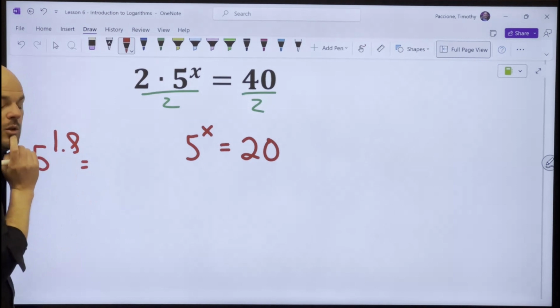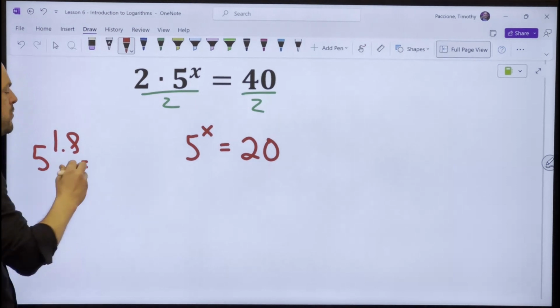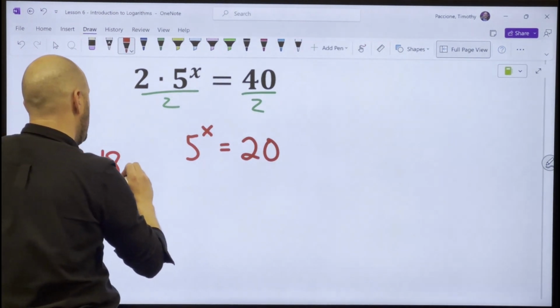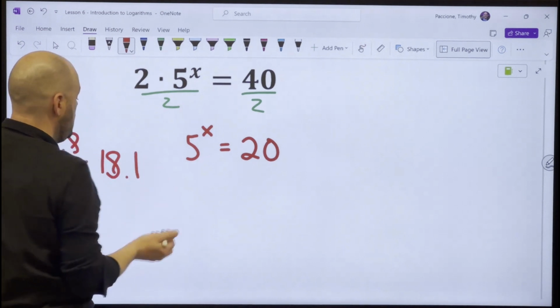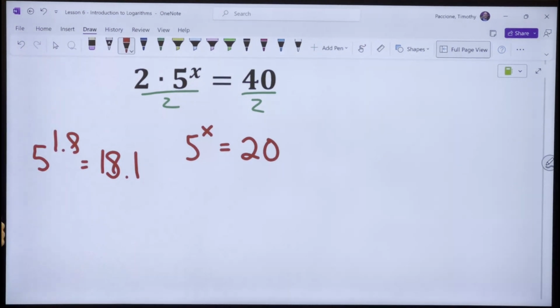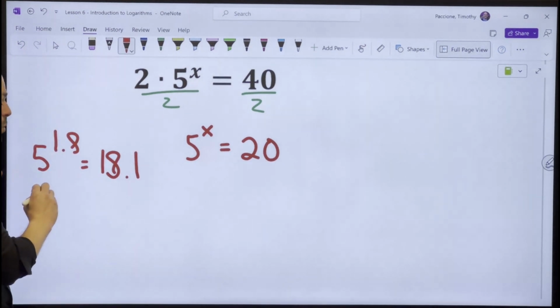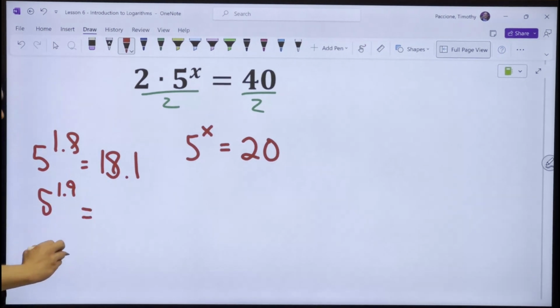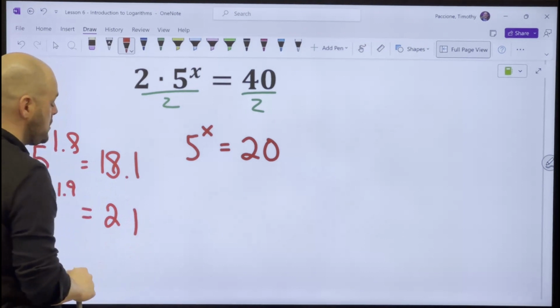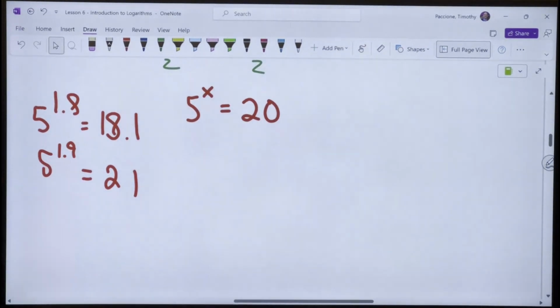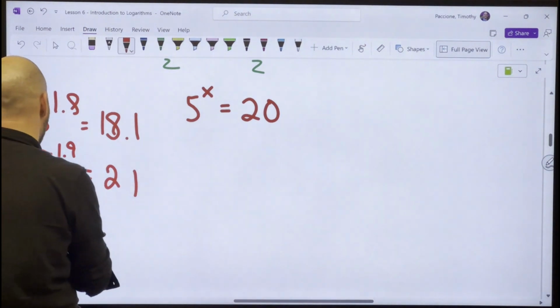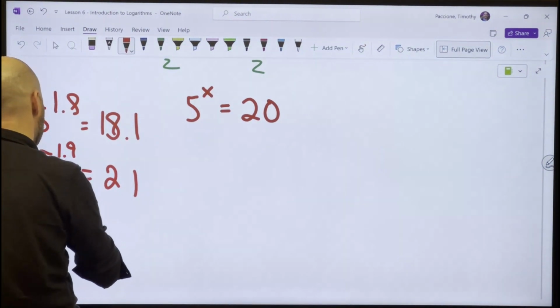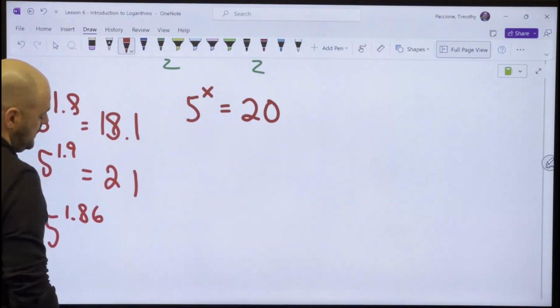And I put that in my calculator, and what do I get? 18 point what? 1. Okay, so have I gone high enough? Okay, then I go 5 to the 1.9. And what do I get? 21. Okay, so then I know it's between these. How do you go between these? I got to 5 to the 1.8613, but that's not it yet.